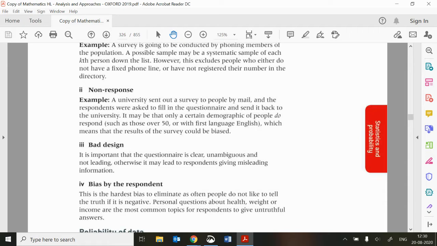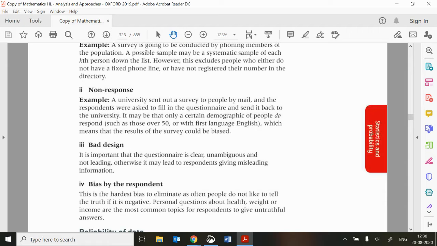And maybe people who are content with the service they're getting are happy enough to let it continue as it is and don't want to reply. So you've got to think about the possibility that some people identified for the sample aren't going to respond.